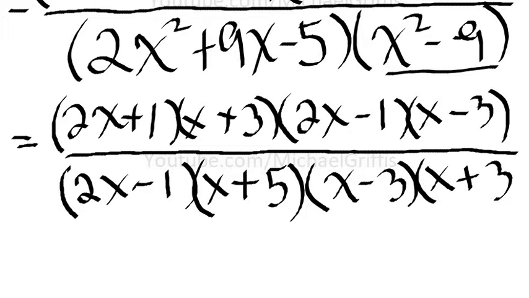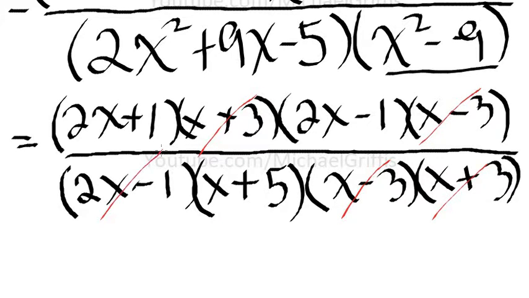Now what we want to do is go through and cancel out. We have a 2x plus 1, and we don't have a 2x plus 1 in the denominator. We have an x plus 3 and an x plus 3. Okay, what else do we have? We have an x minus 3 in the top and the bottom.